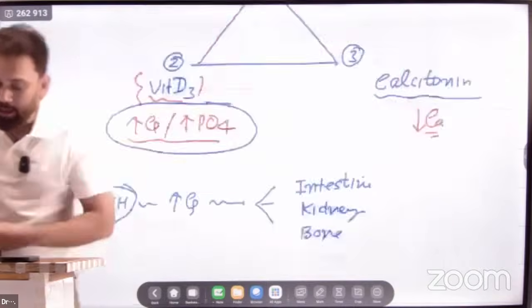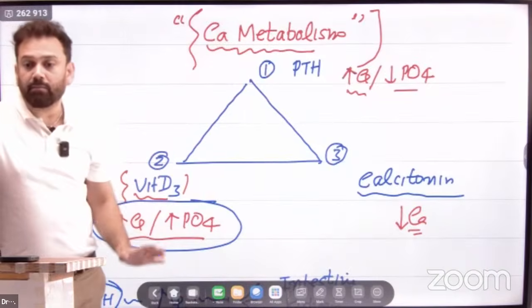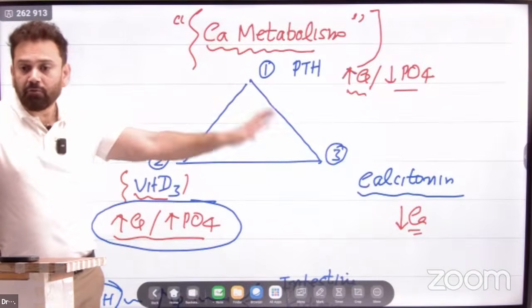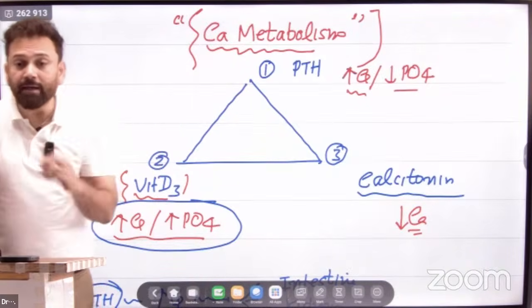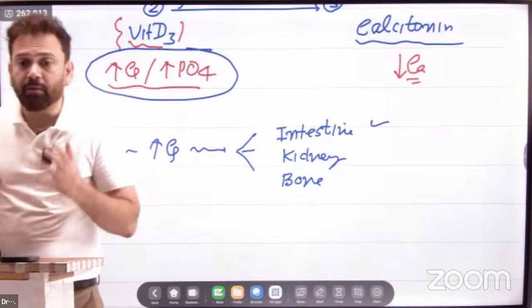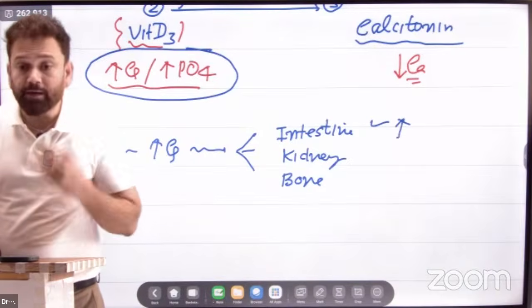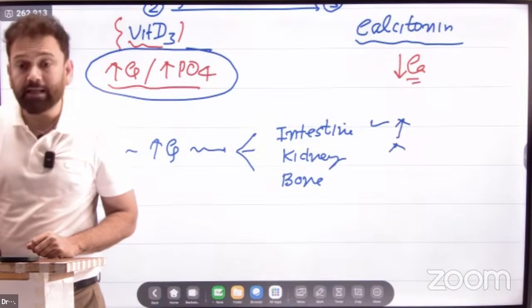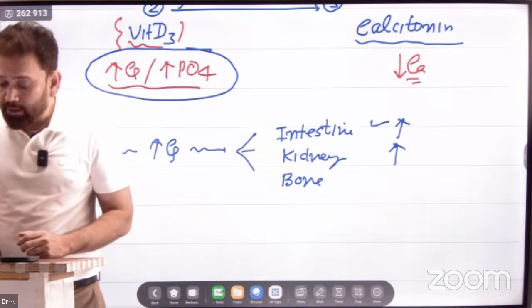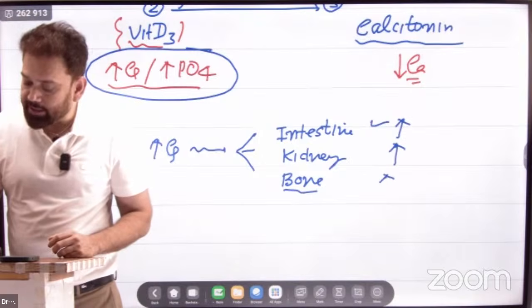So just by understanding this point, that parathormone increases calcium in the blood and decreases phosphate in the blood. Now, if it increases calcium in the blood, will it increase or decrease calcium absorption from the intestine? It has to increase. From the kidney again, reabsorption of calcium is more. Bone, it causes bone lysis, so it will also increase calcium.